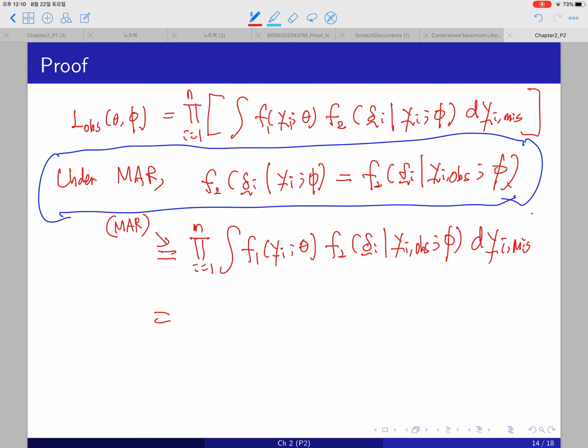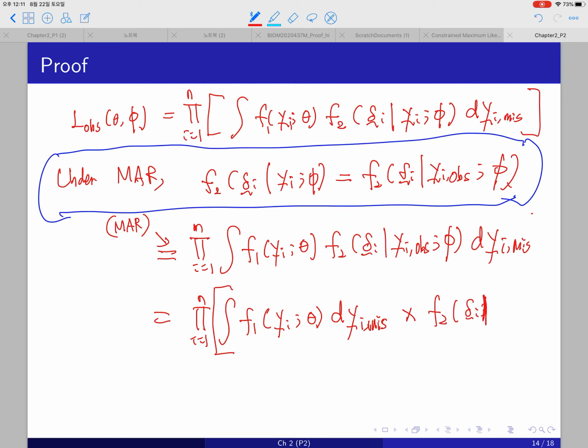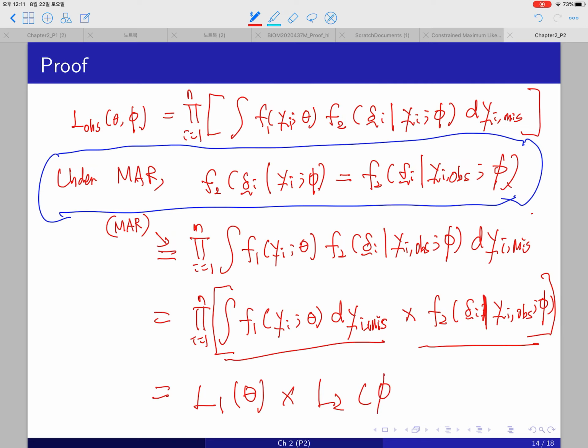So you can factor it, and the first part depends on theta only, and the second part depends on phi only. That completes the proof.